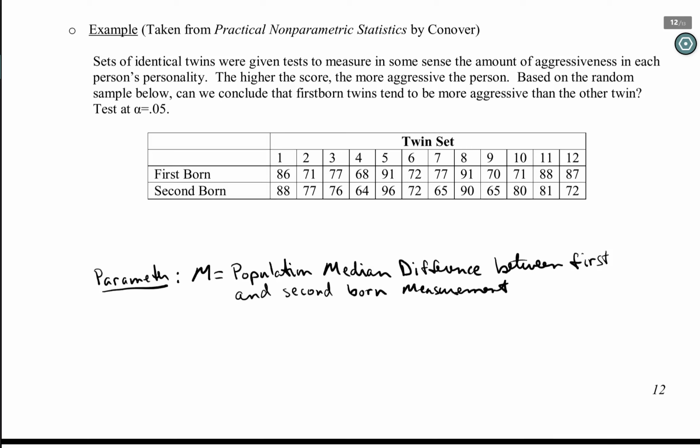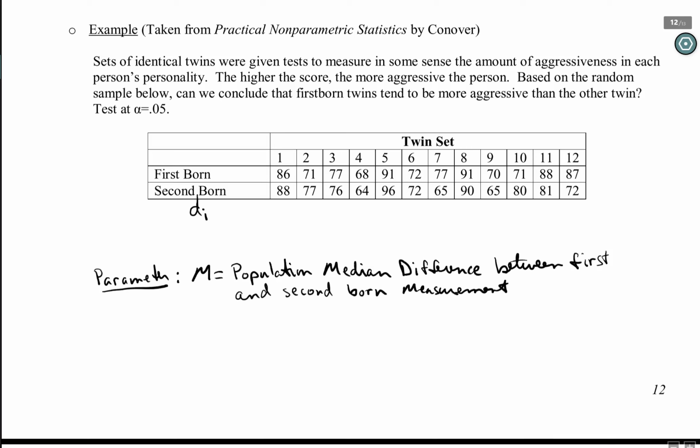Okay, but so I'm going to need the differences here. I'm going to look at d sub i, the difference.